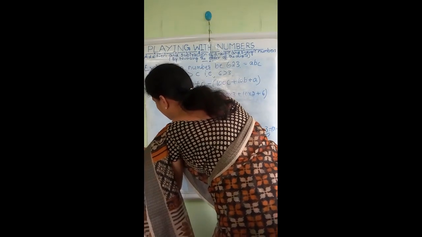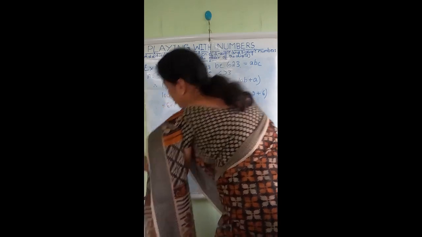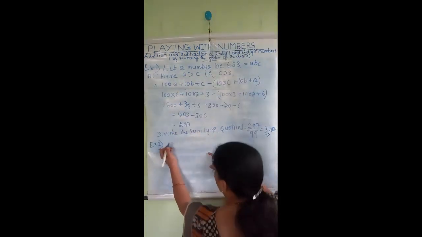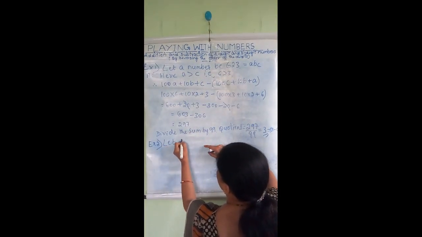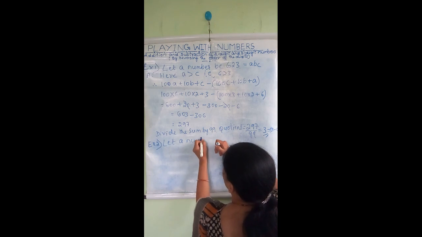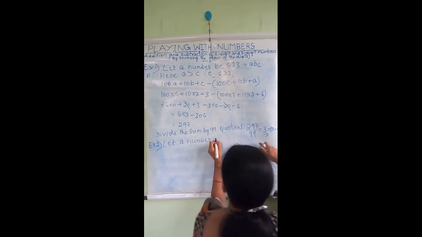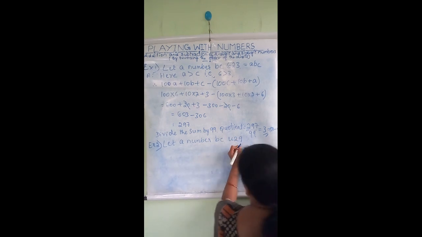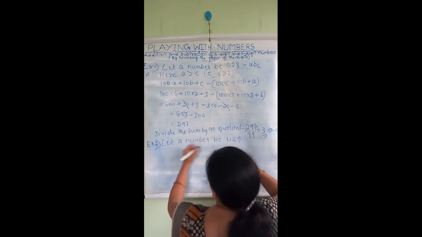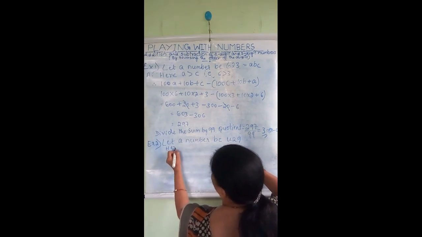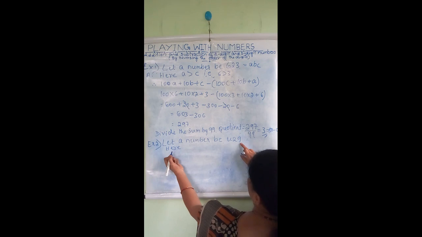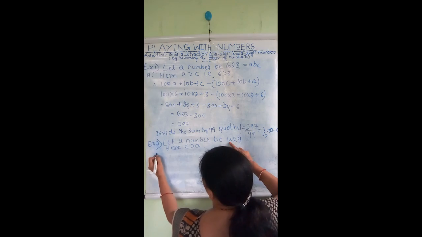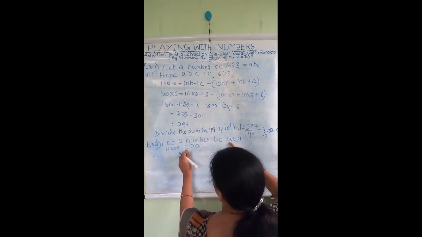Let us see another example. Example 2. Let a number be 429. Now here, see, C is greater than A. Here C is greater than A. Therefore, what you have to write?